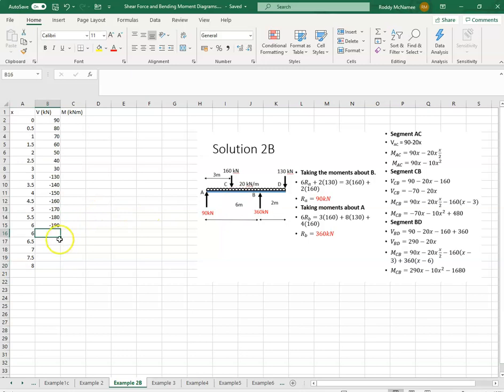And at 6 meters, that's between B and D. I've mislabeled these, so these should be B and D. So that's equal to 290 minus 20x. And let's put those in brackets.